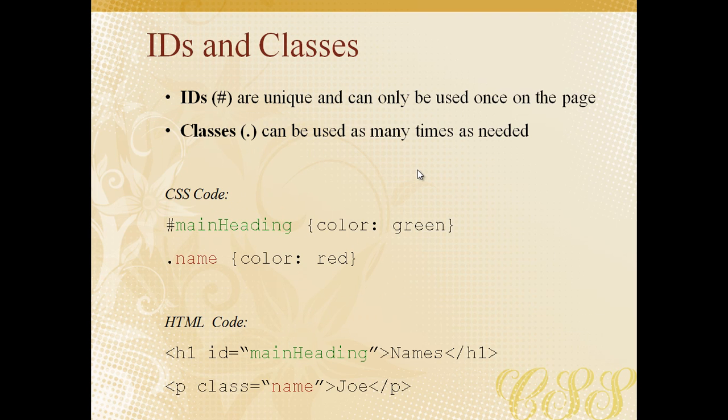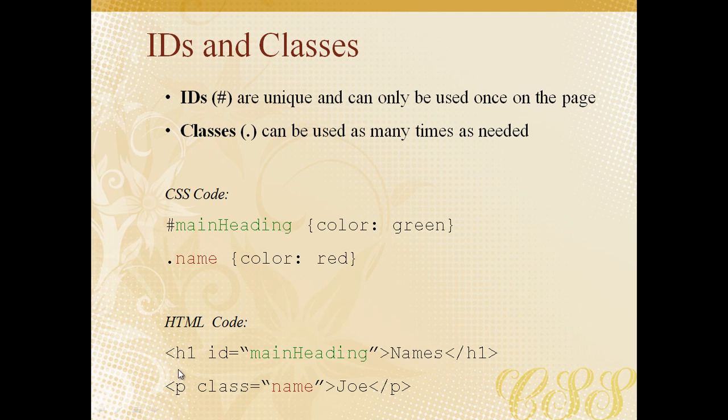What is the difference between an ID and a class? IDs are unique and can only be used once on a page. But classes can be used as many times as needed. So here's an example. You have hash main-heading color colon green, dot name color colon red.